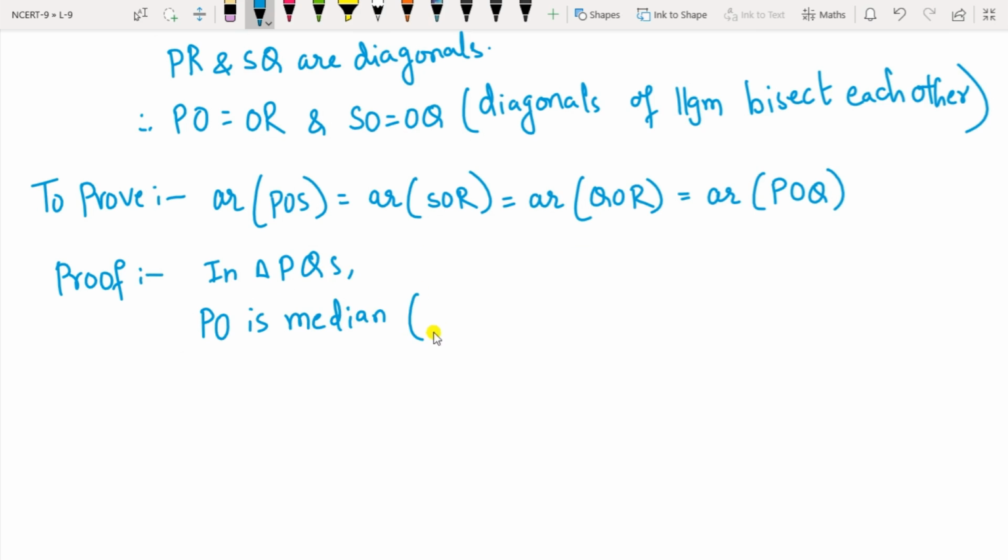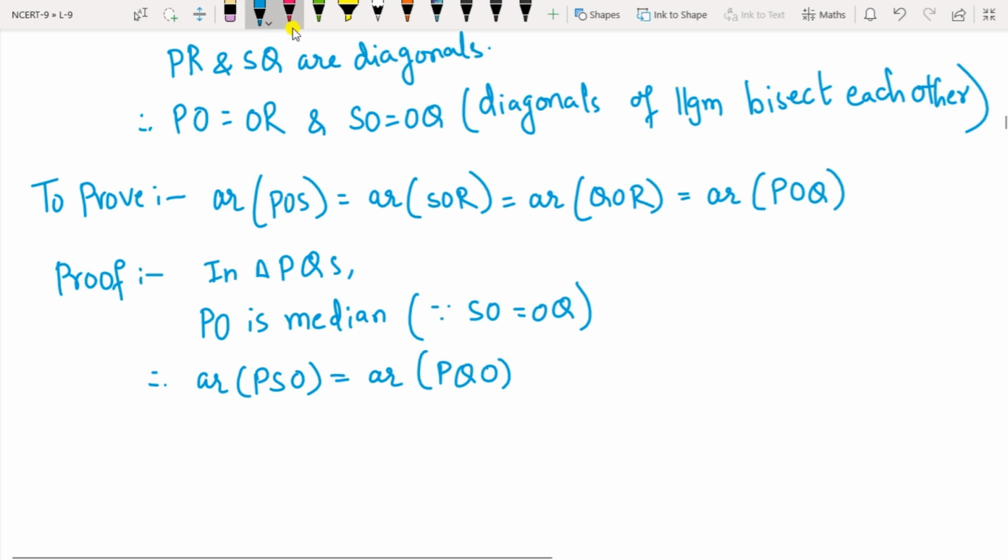The reason is SO equal to OQ, that we know, and therefore area of PSO will be equal to area of PQO. Let that be equation number 1, right?